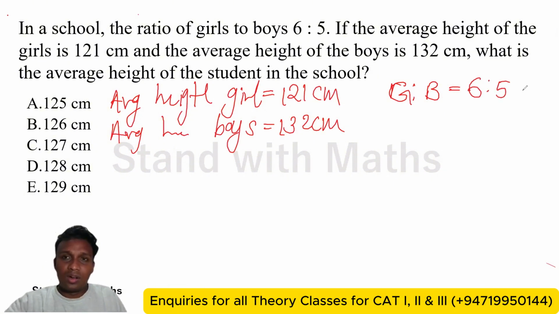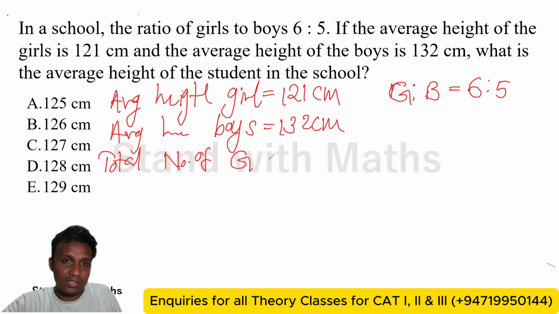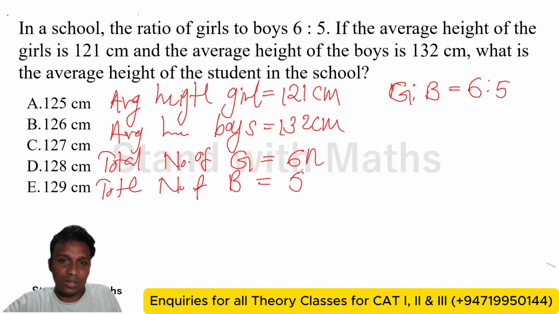So for the total number of girls, we can write an unknown multiplier like this, 6n. If the number of girls is equal to 6n, the total number of boys is equal to 5n.